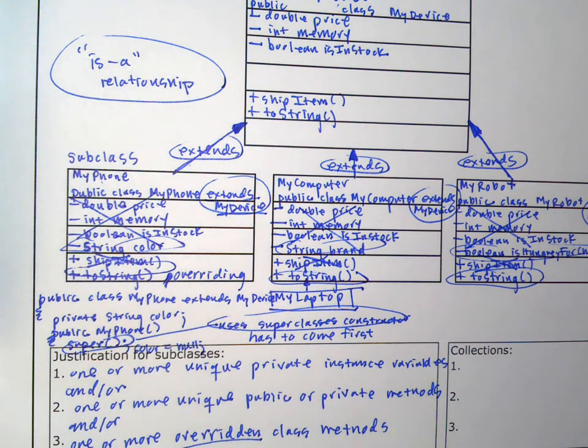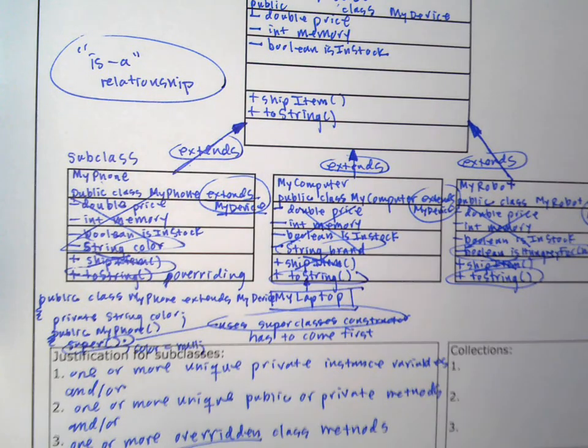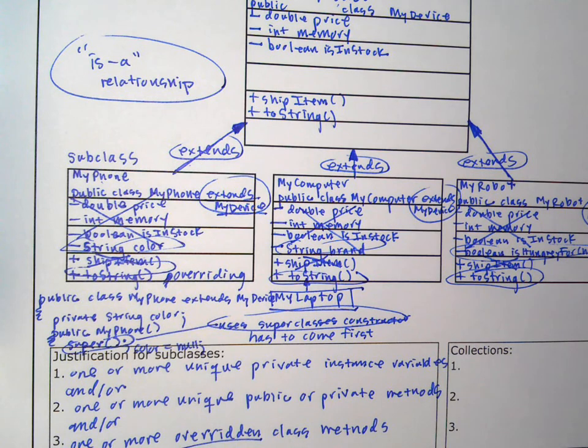So you're going to do that. And in the driver, you can create an array shopping cart that now, so you're going to edit the driver. So now that the shopping cart just holds My Device objects and place one of each, my computer, my phone, and your device into it. And then you're going to go through and call those methods. Now, the interesting thing is when it now goes through in a for each loop and says dot ship or dot ship item or toString, it will know which one to use.